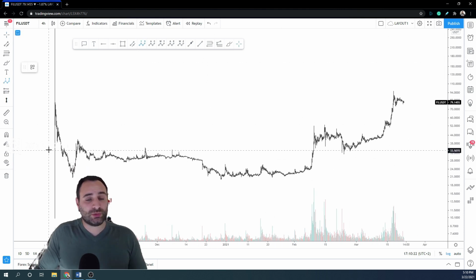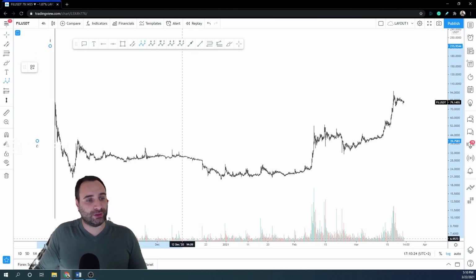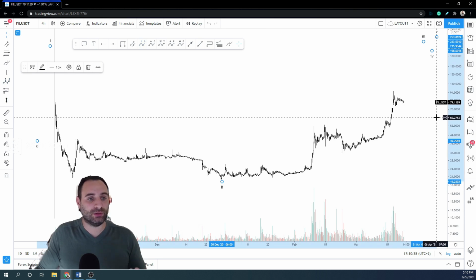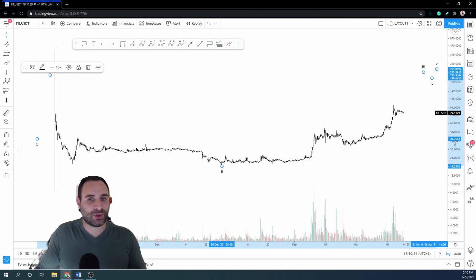So the first thing we need to do is obviously identify where the high is and ensure that internally we're in a structure that is going to get ideally to that previous top. Obviously, this 433 is probably a mistake from the broker, a spike, I would say. I think the highest was around 200 or something.